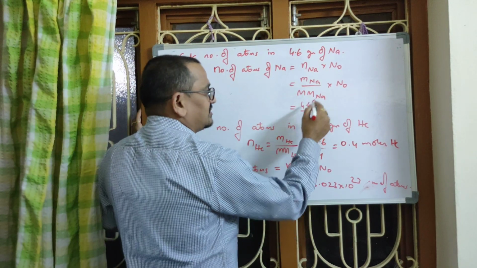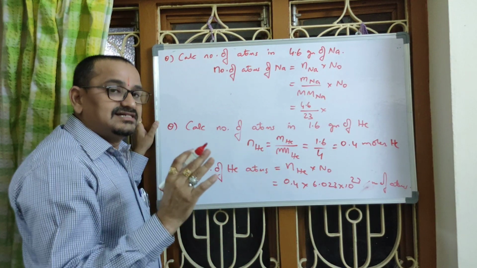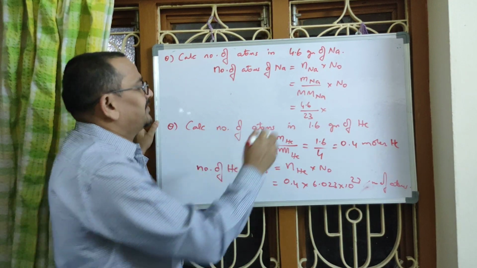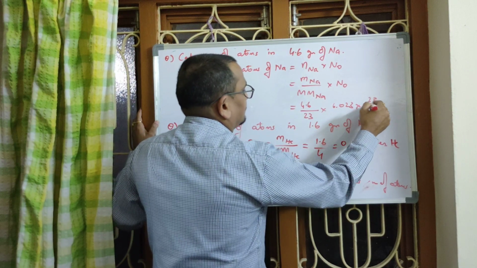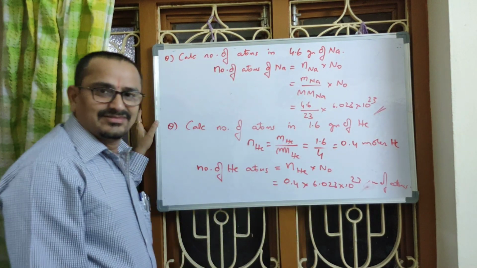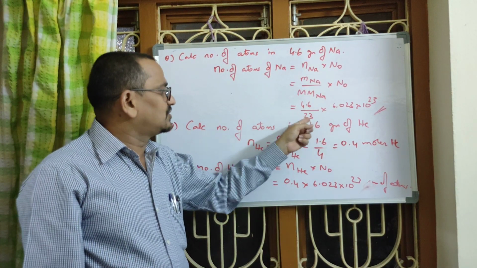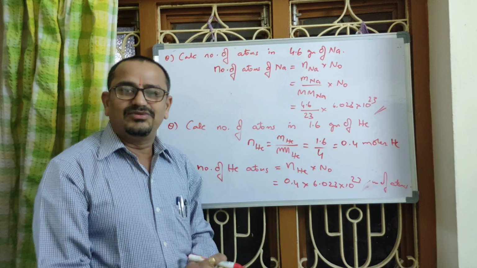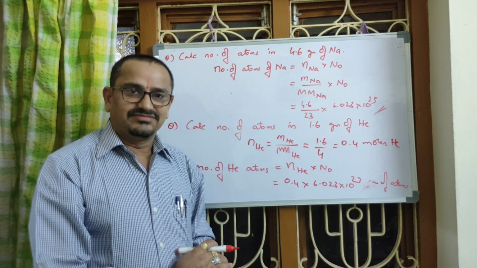Gram atomic mass of sodium is 23. I already asked you to memorize the atomic mass values, right? Into 6.023 into 10 power 23. Simplify this. Sometimes in the option they may give the same presentation, or sometimes they may solve and simplify and the final value may be asked. Depending on the option, you proceed with the calculation.